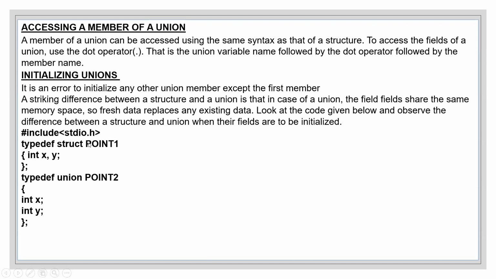Here we can see there is one structure and one union. The structure is point 1 and the union is point 2. The difference is observed when initializing p2.x and p2.y.